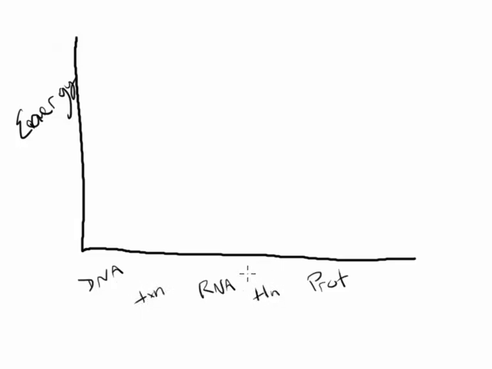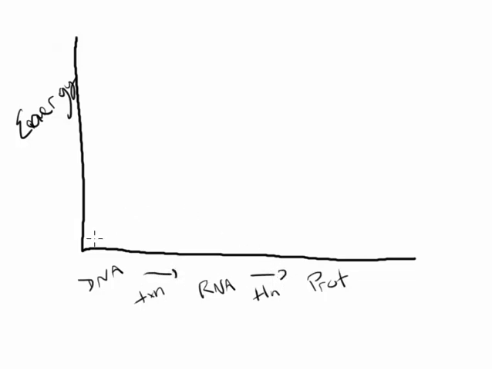And so it can be helpful to think about this in terms of an energetic cost and where we regulate transcription. So I can write this: energy. We're talking about the energy cost here. And we can start at the DNA level, RNA, protein, and then of course we have transcription and translation that happen between those transitions.